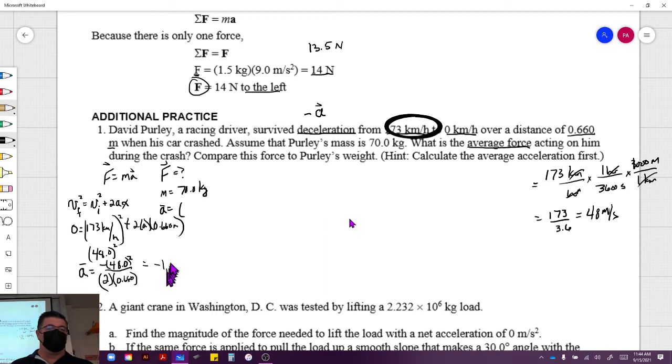Negative 1,700, or 1.71 times 10 to the third meters per second squared. That's our acceleration. Would you like me to write that number again? Okay. That is negative 1.71 times 10 to the third meters per second squared.